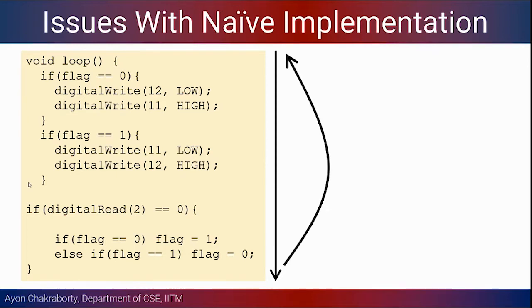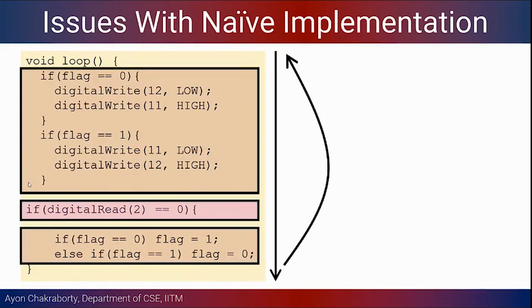The code issue here is that we are probably missing some of the reads, right? So see how the program is executed. This loop is the infinite loop part of the entire code. The setup is executed only once, as you know. And here, look at these three parts of the entire code, right?